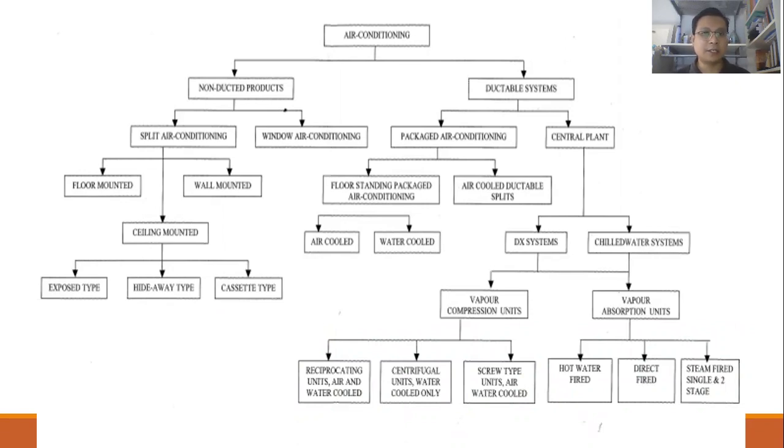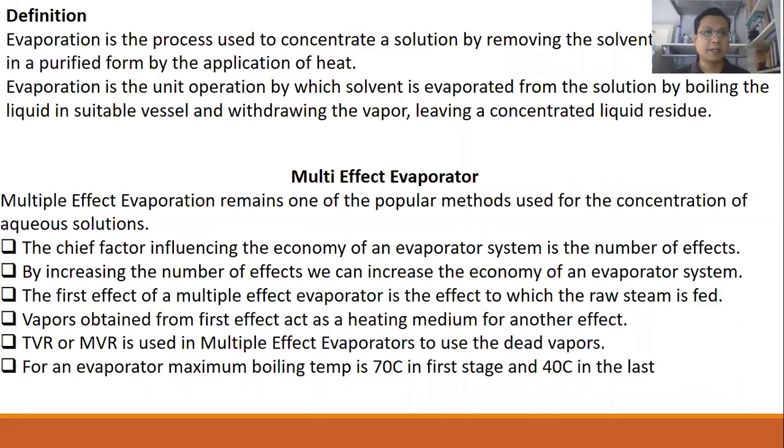We will divide in several types of account. So today I will cover only three topics based on the teaching plan. So as we know, we start with the multi evaporator system.